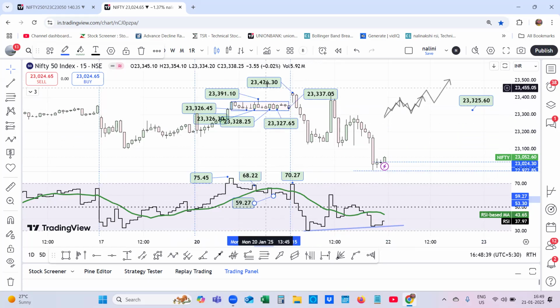The market gapped up to 23,426, and you can see this was a down move, lower highs, right? It was a low, high, and low made on that day, and this was the low. While closing, it was the low. Two consecutive highs and two consecutive lows.